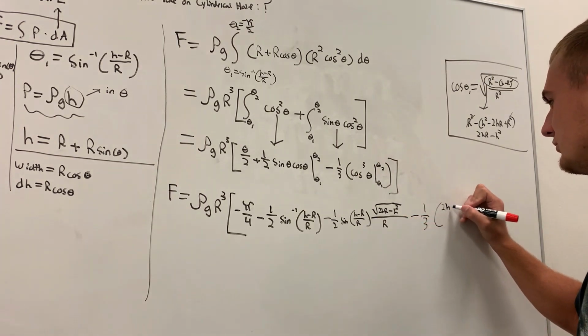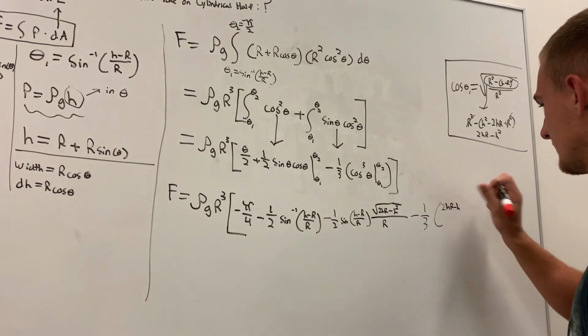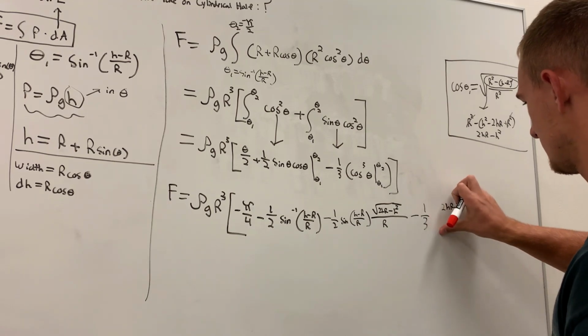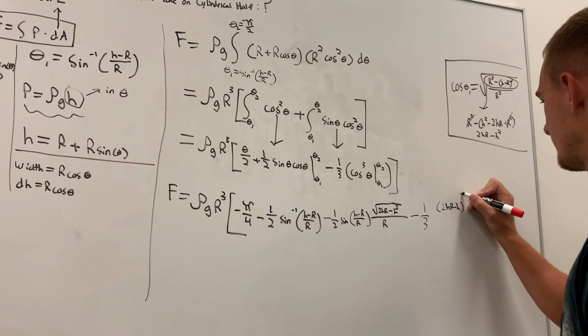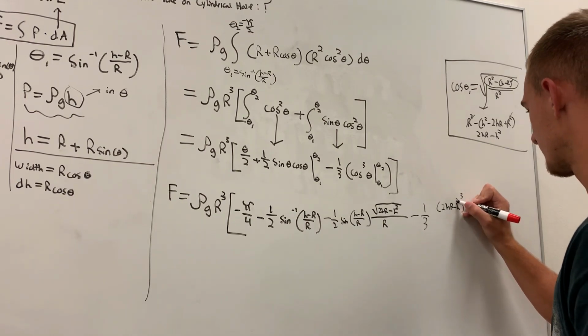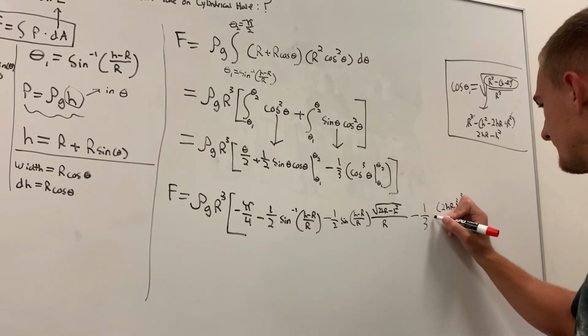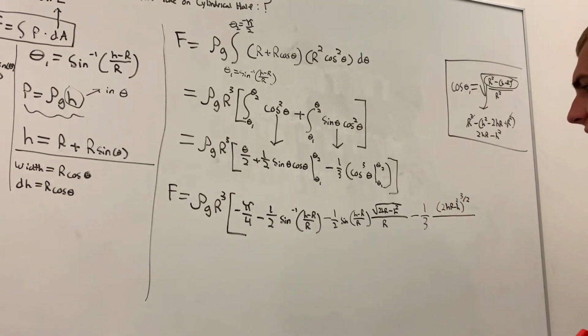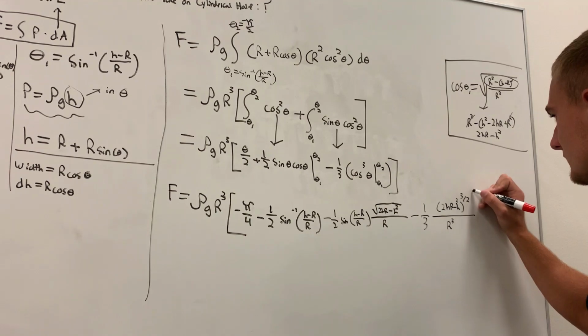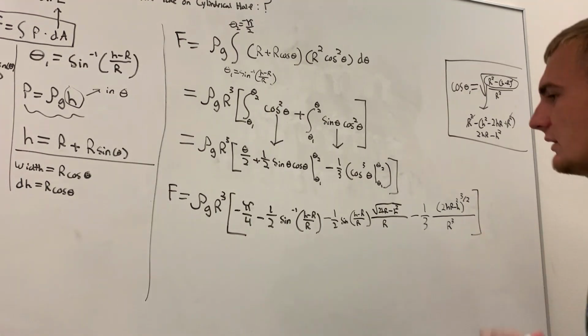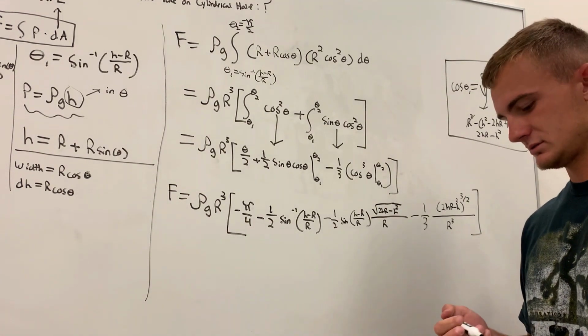So we'll have 2hr minus h squared, raised to the 3 over 2, and then this will be divided by r cubed. So that's it. This is our expression here.